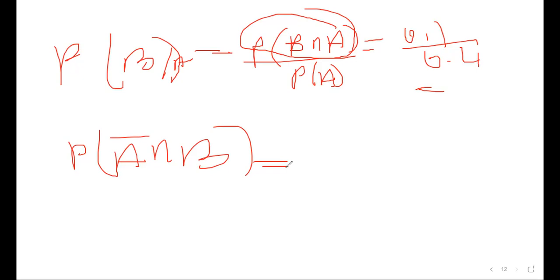I think it should be 1 minus the probability of A intersection B.